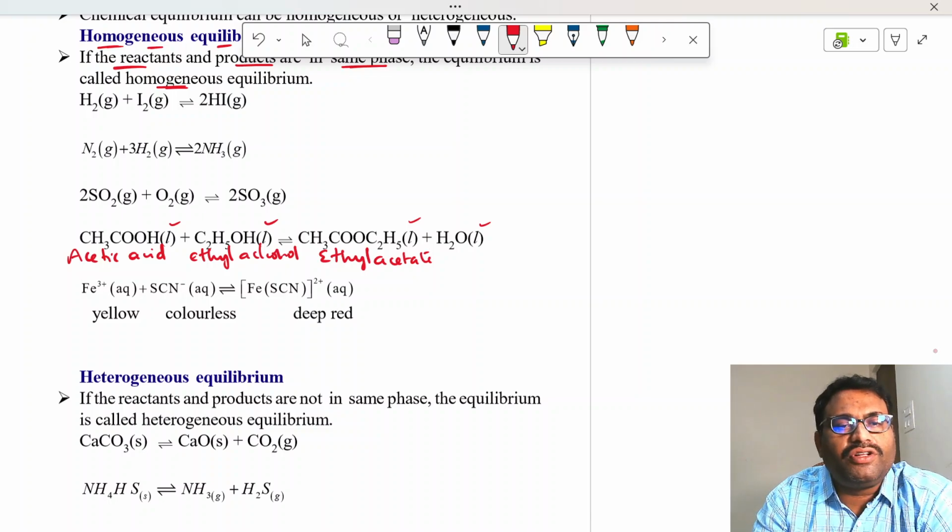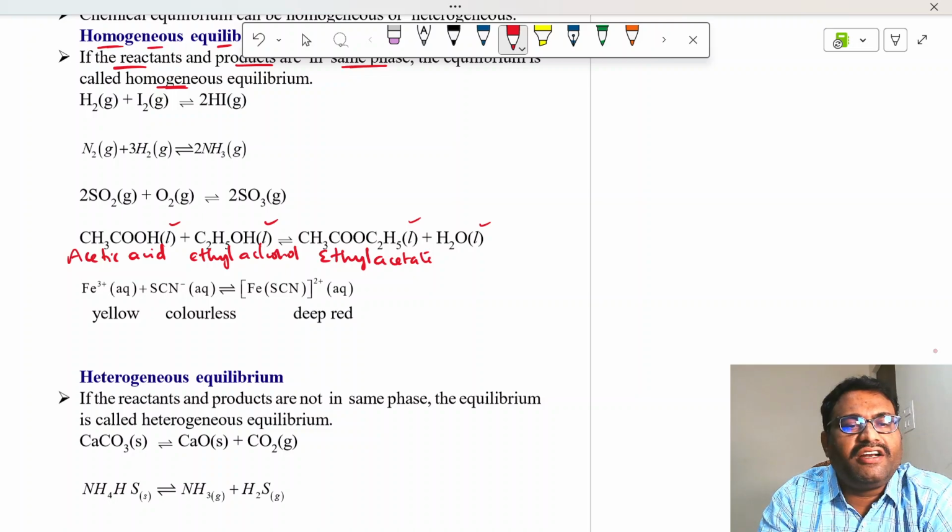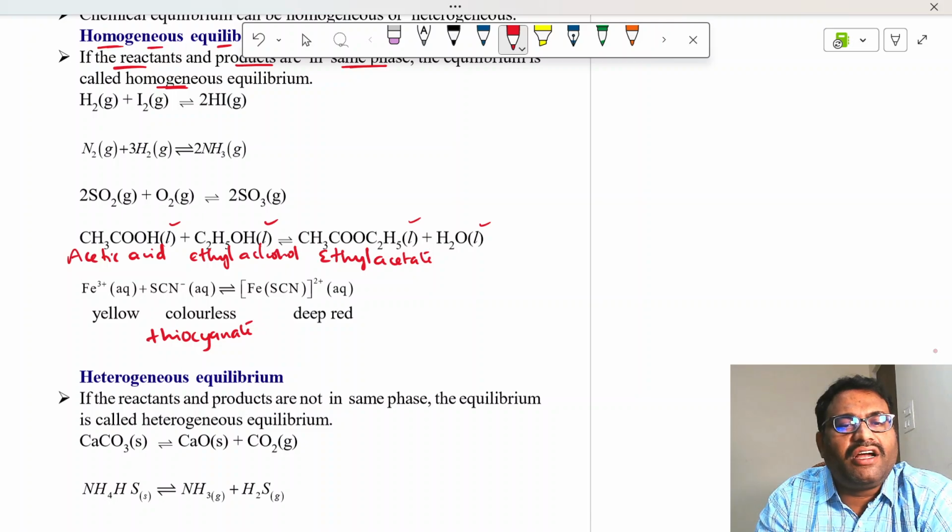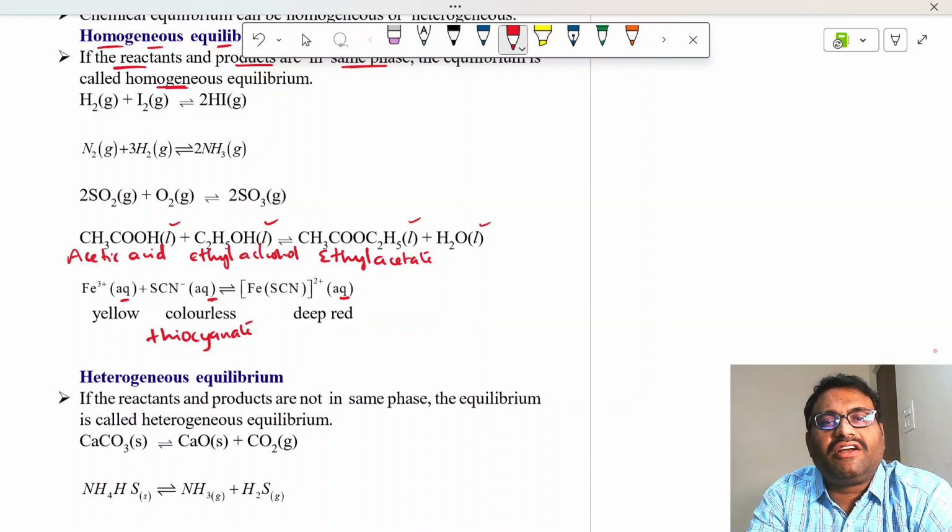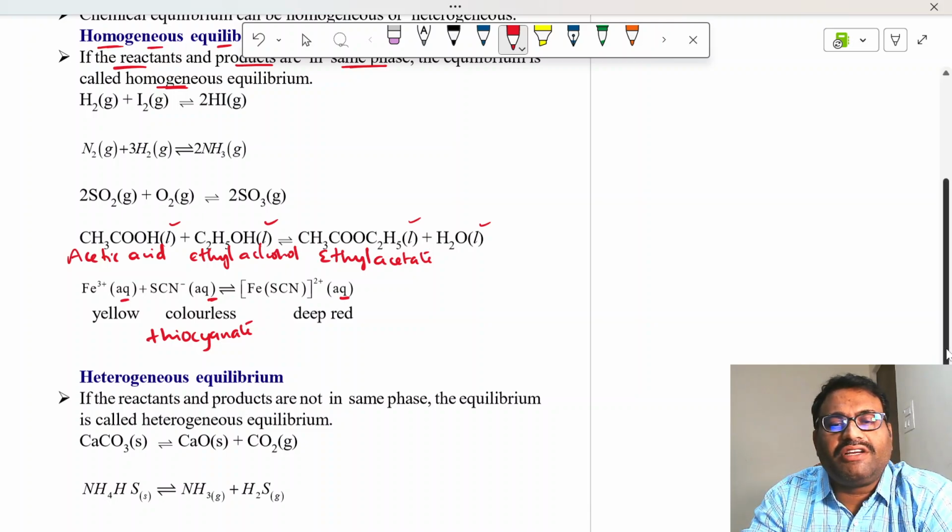If all the reactants and products are present in the same state, such equilibrium is called homogeneous equilibrium. Like Fe3+, ferric ion, thiocyanate, ferric thiocyanate, all are present in the aqueous state. So in all these reactions, you are finding the reactants and products are in the same state. That is the reason why their equilibriums are called homogeneous equilibrium.